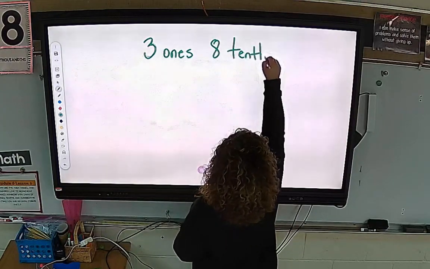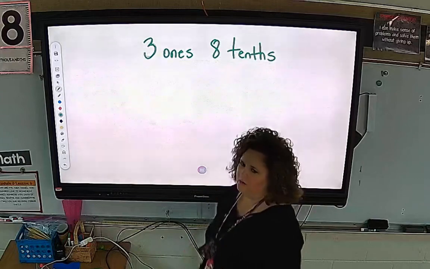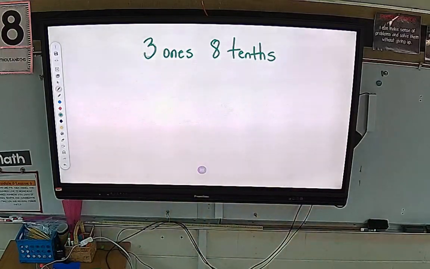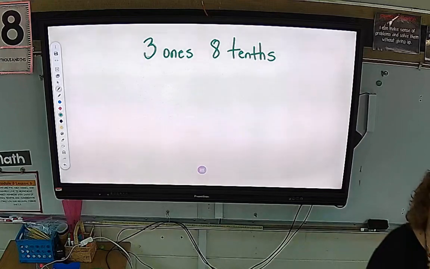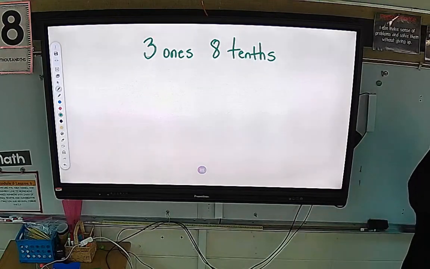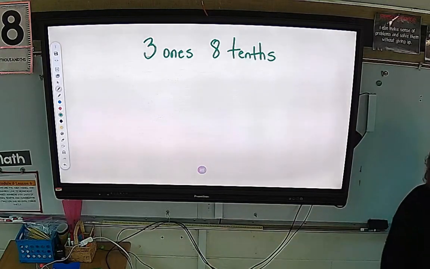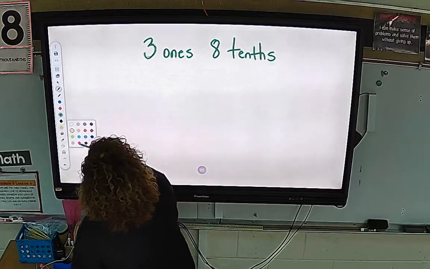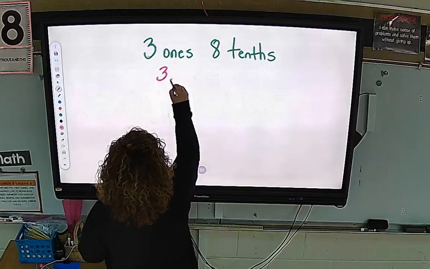Now I'm writing it in unit form. Okay. So if you saw it written like that, what would you write? Now we're writing in decimal form right now. I'm sorry I didn't make that clear. So if you wrote yours as a fraction, let's change that. Okay, we are just in decimal form right now. What does it look like, Ishmael? 3.8. Okay. This looks like 3.8.